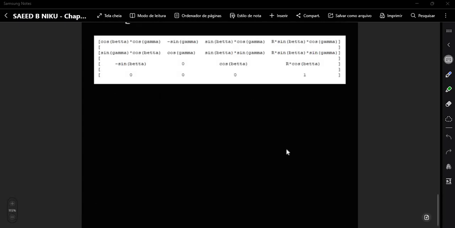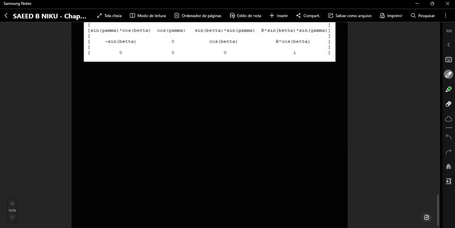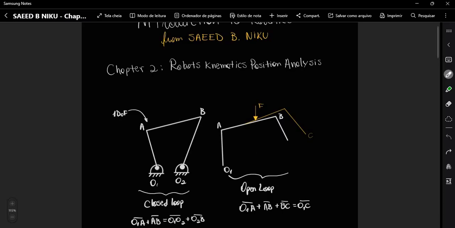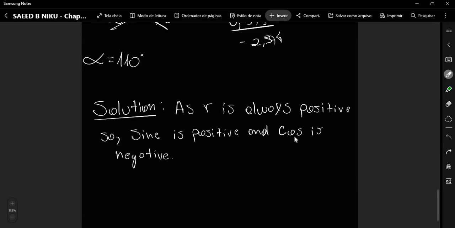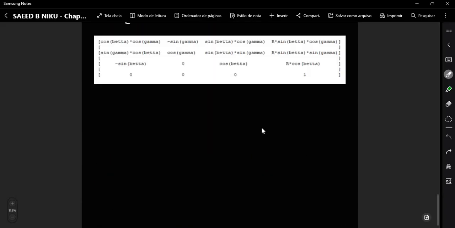First, I wanted to draw a sphere. Okay. So first is a circle, and now the shape of a sphere.